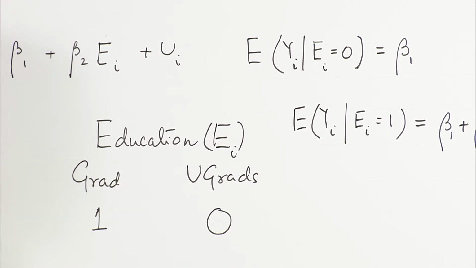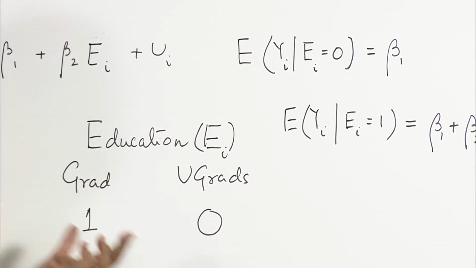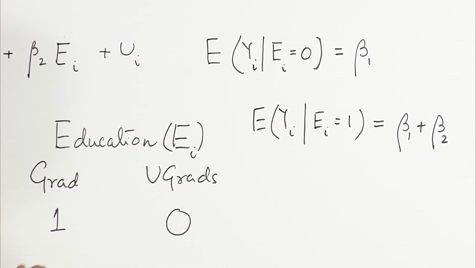Why we are doing this will become very clear when we expand this model to incorporate higher levels of education. We can explain it with this model, but in a few minutes time we will go for an expanded model and we will explain why we have, for two particular possibilities, only one dummy variable.